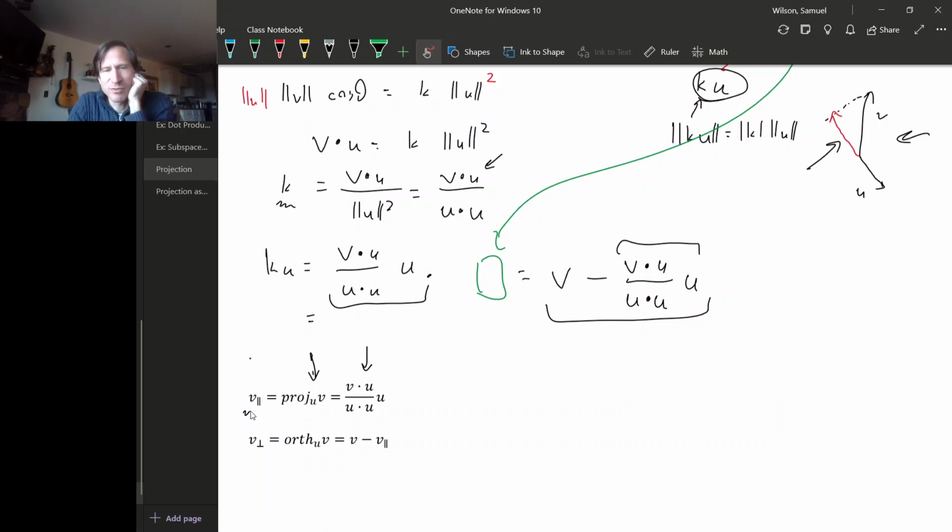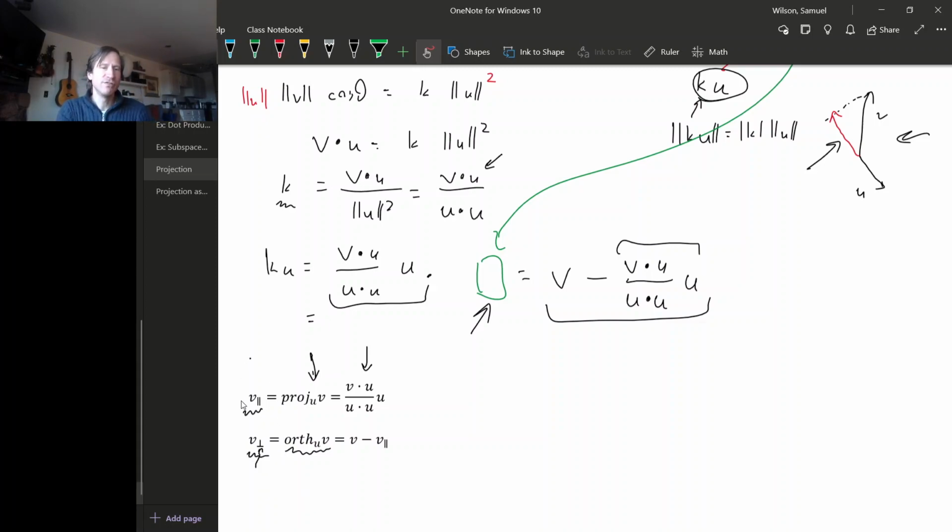Some people write it this way, the component of v that's parallel to u. And then this other vector, the perpendicular part of v, some people call that the orthogonal complement. And also some people write it using this notation, v sub, this symbol is pronounced perp, or perpendicular. So v sub perp, I guess you could call it.